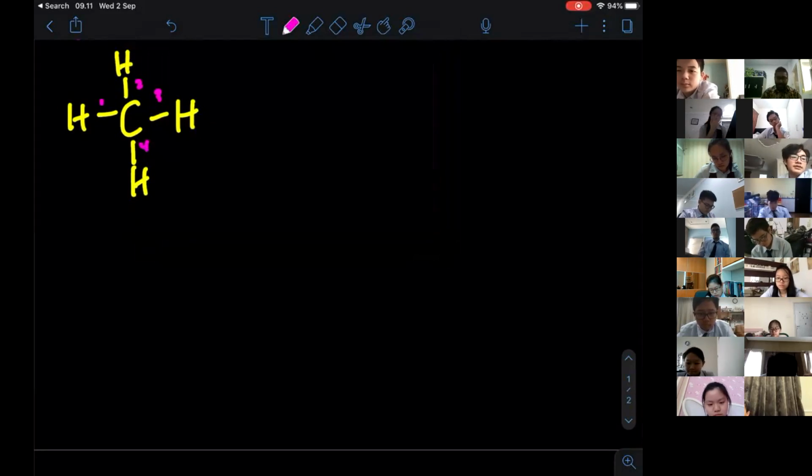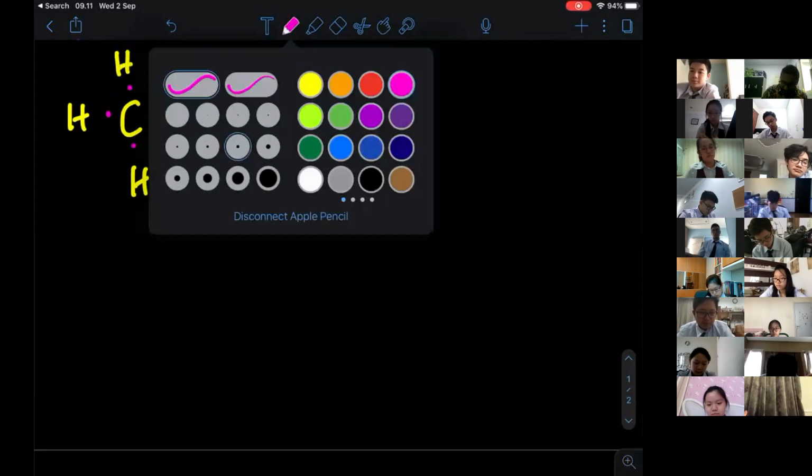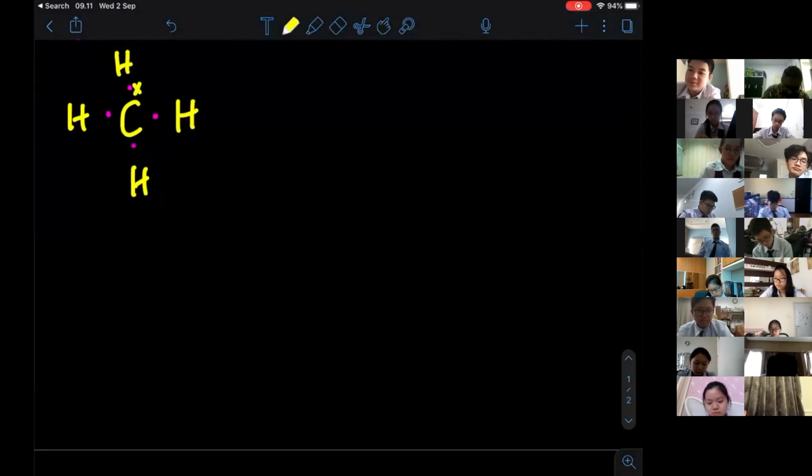If I draw this in electron form, carbon has 4 valence electrons, which are going to be shared with 4 more electrons from hydrogen.